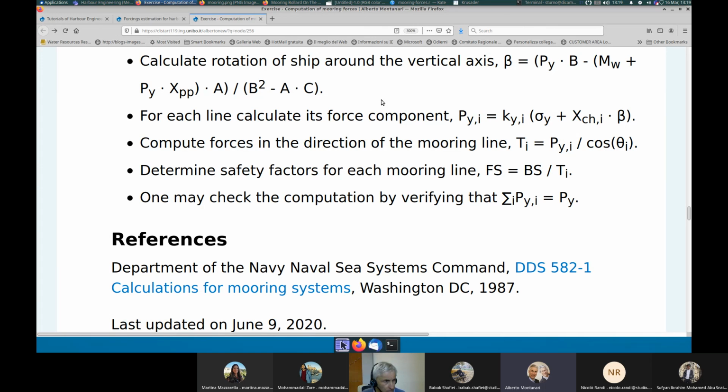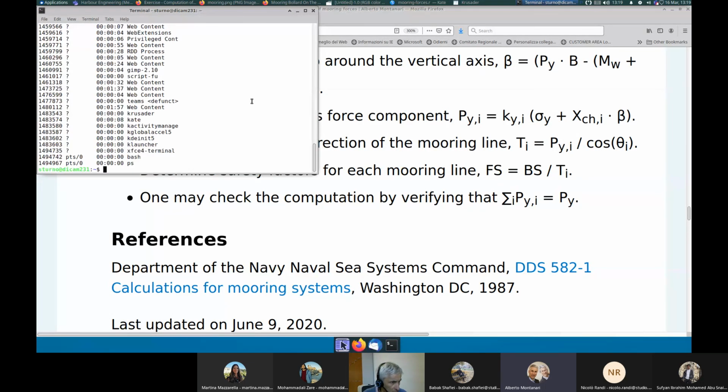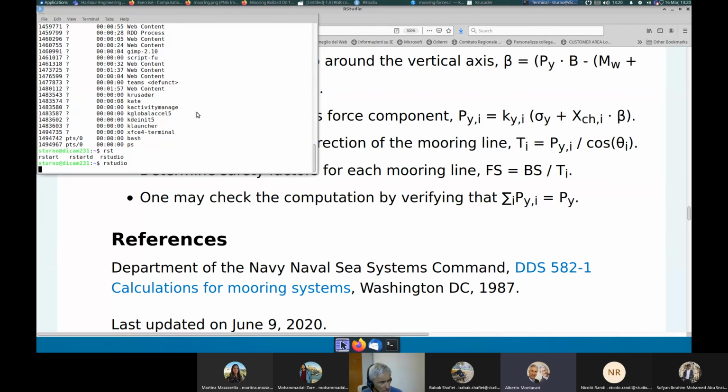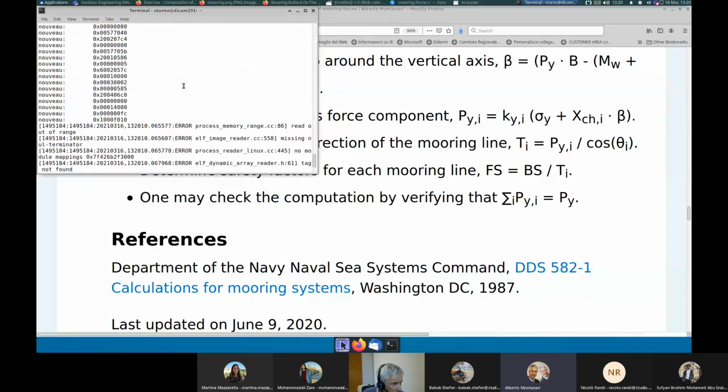No way. I think it may be Teams web content. I try again. Let me see how it's called. RStudio. Let me try to launch it from here. Core dumped.